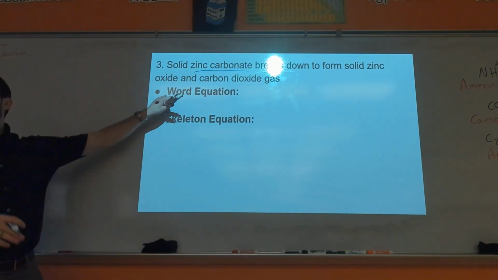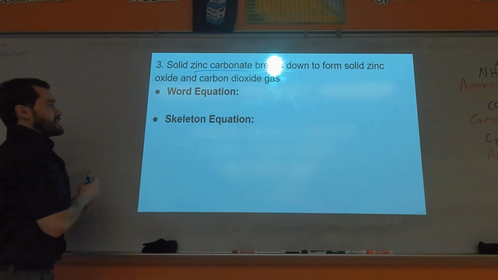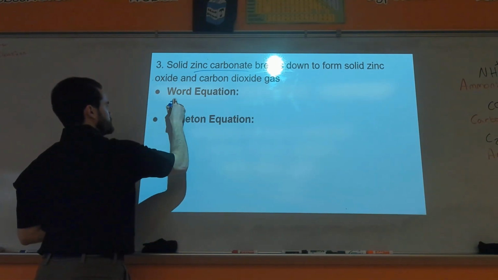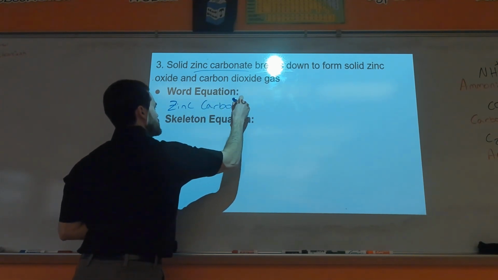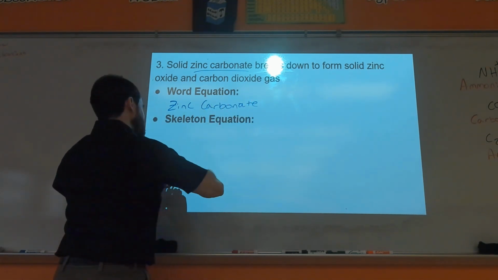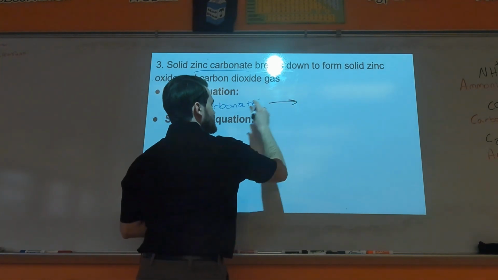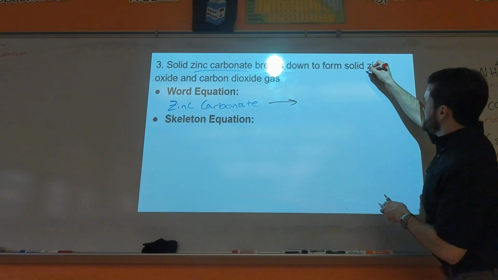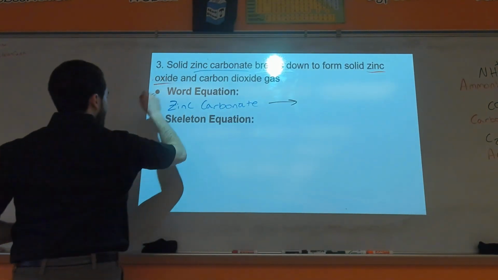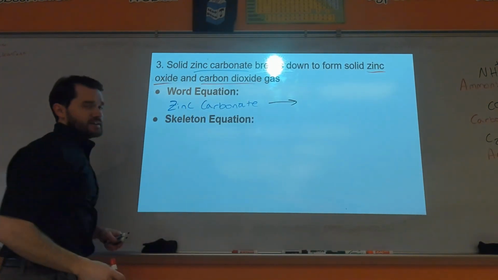So in this case, you're only going to have one reactant. That's going to be your zinc carbonate. So zinc carbonate is going to break down to form my products, which would be zinc oxide and carbon dioxide.